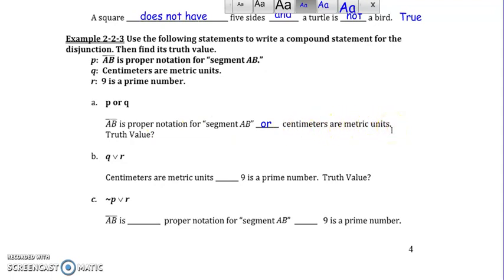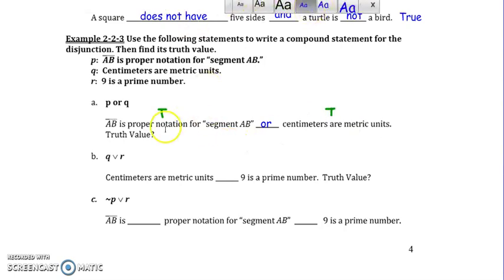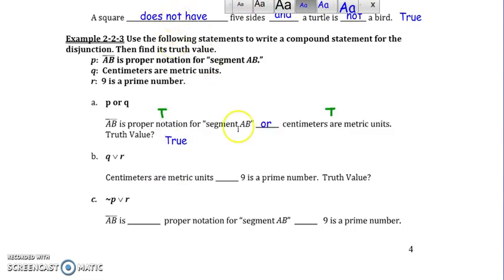So our truth value for that one, if we break it down, we can see that this one is true because that is the proper notation for segment AB, and then centimeters are metric units, so true there. And on this one with "or", as long as one of them is true, we are true, but they both are, so we're definitely true on that one.